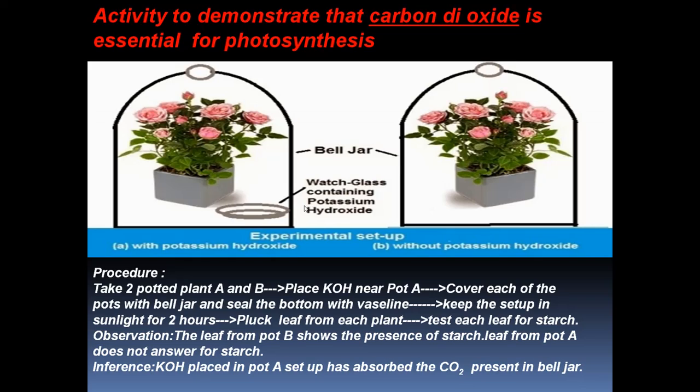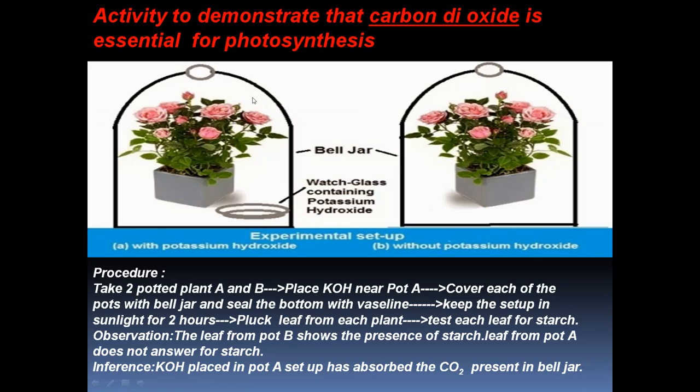The leaf from pot B shows the presence of starch, whereas the leaf from pot A doesn't answer for starch, because the potassium hydroxide placed near pot A setup has absorbed all the carbon dioxide available inside the jar.